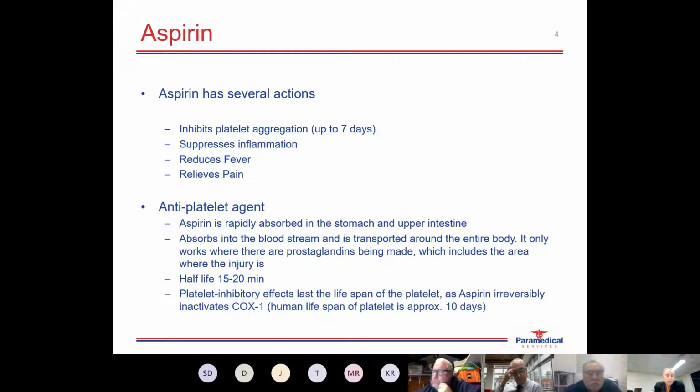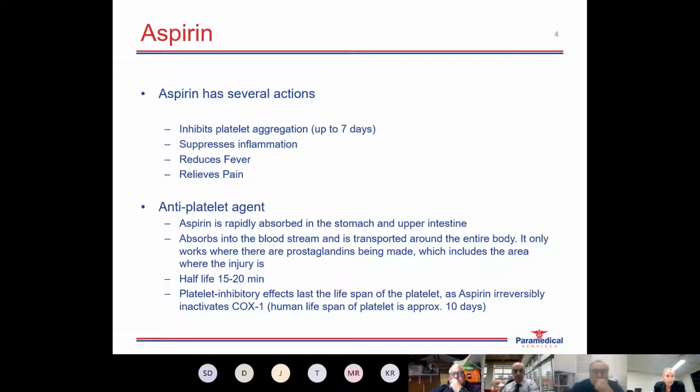Now, we don't necessarily use aspirin for all of those actions, but we definitely use it for the top action, which is inhibiting platelet aggregation. However, you might work for an organisation that uses aspirin to suppress inflammation or reduce fever or combat pain in a patient.